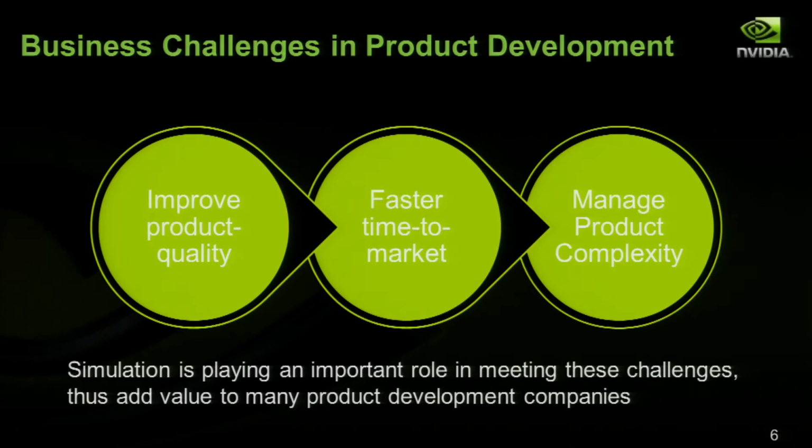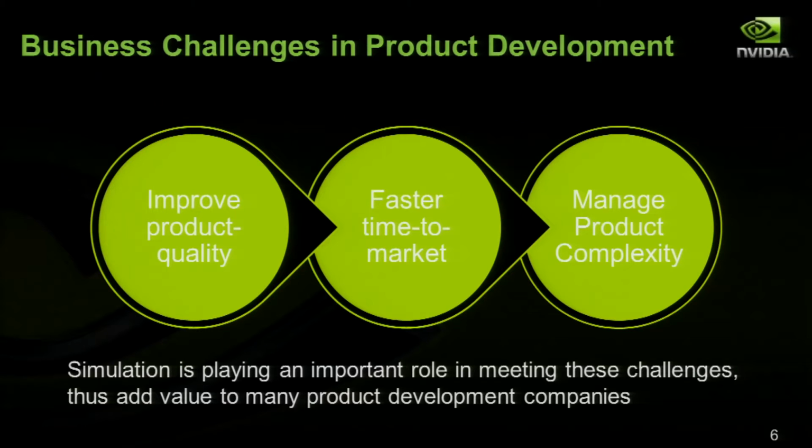So in this globally competitive environment, these are some of the business challenges that product development companies such as automotive and other manufacturing companies are facing today. Delivering a quality product is becoming a must criterion. I mean, you cannot fail by delivering a low quality product.